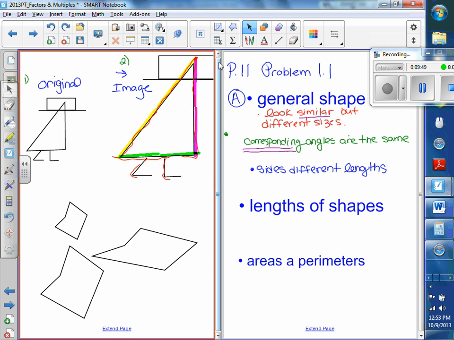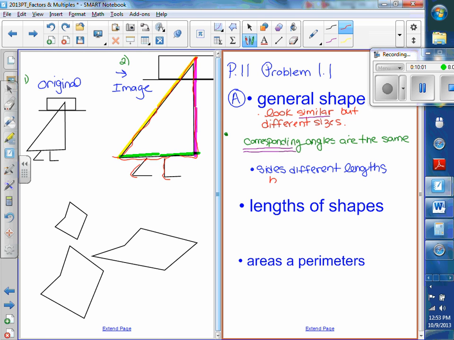Would you say the sides are about the same ratio then? Yeah. We're going to do that. That's a great question. So the sides are different lengths, but the corresponding sides are what we call proportional.